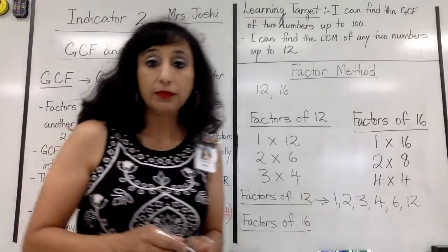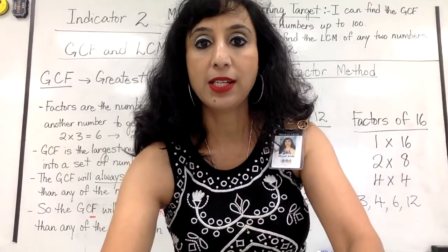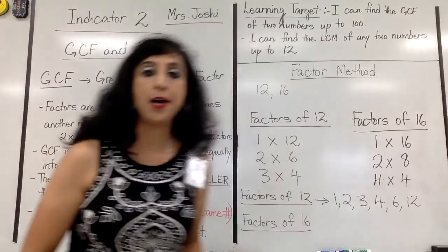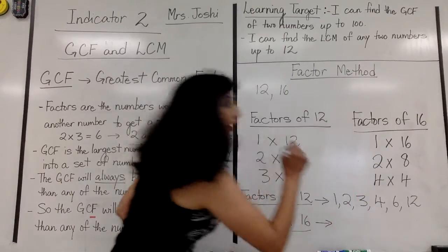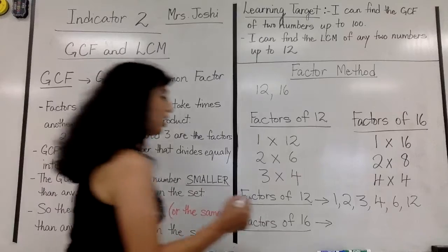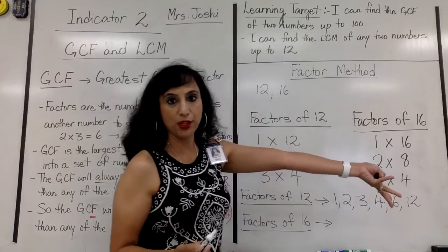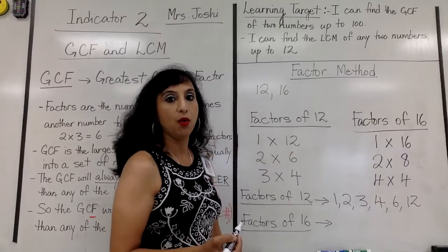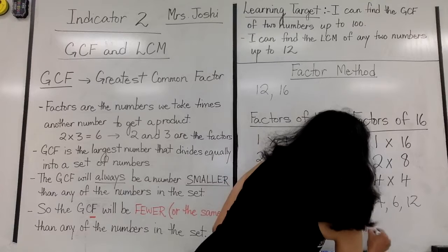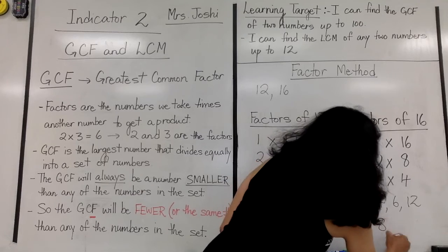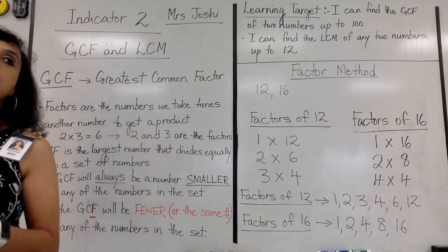And then the factors of 16 are 1, 2, 4, and 4 again repeated, so we're just going to write it once. So we have 1, 2, 4, 8, and 16. These are the factors of 16.